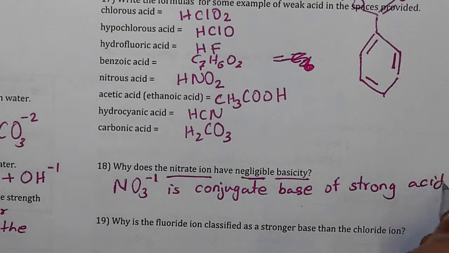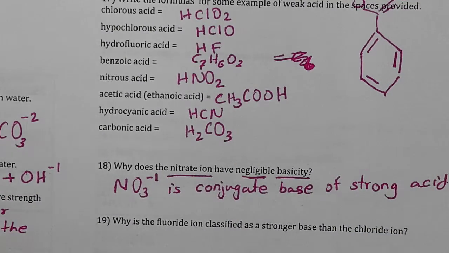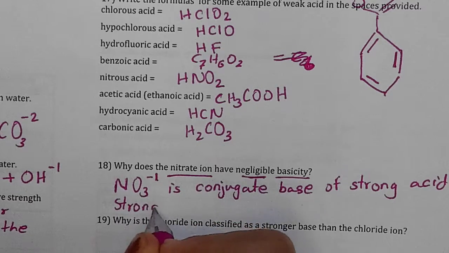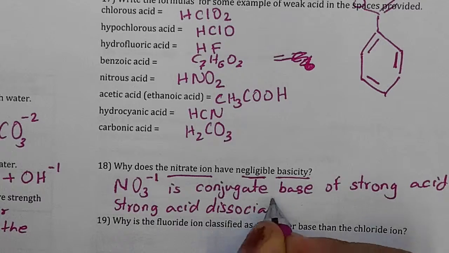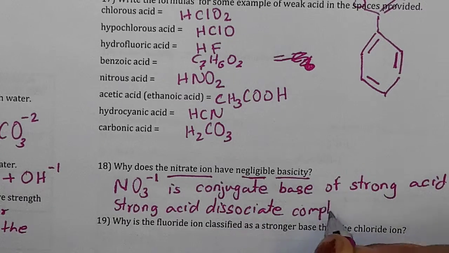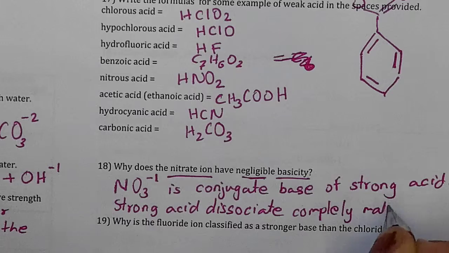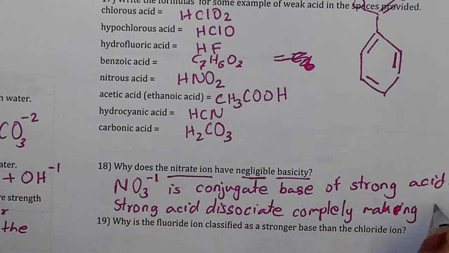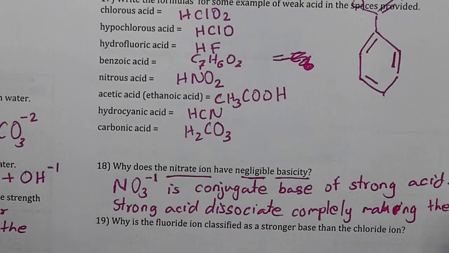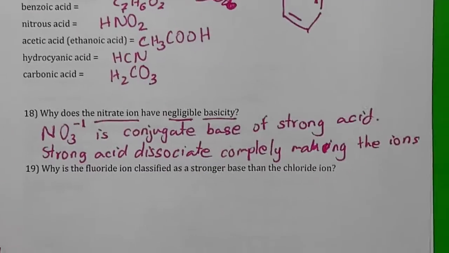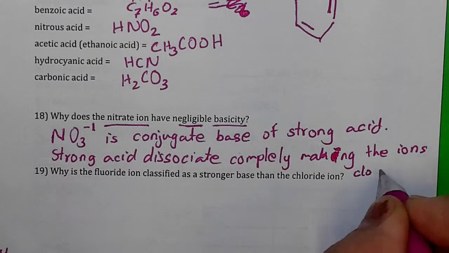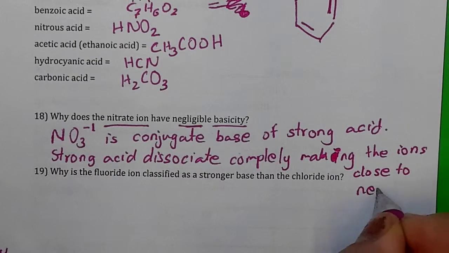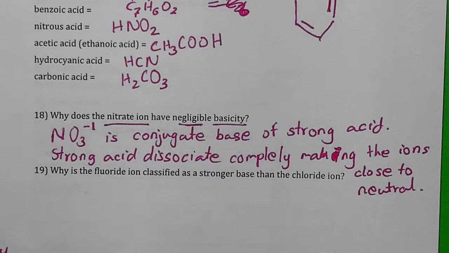Okay, remember, a strong acid dissociates completely, making the ions, in this case the conjugate base, close to neutral, meaning they're not going to behave like a base and go grab the H back.